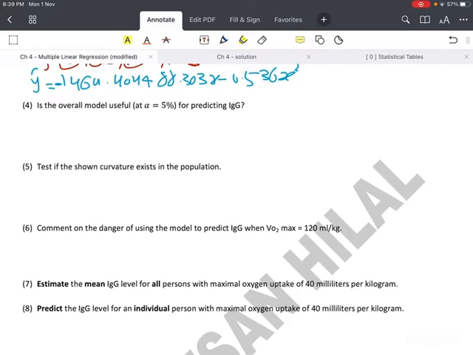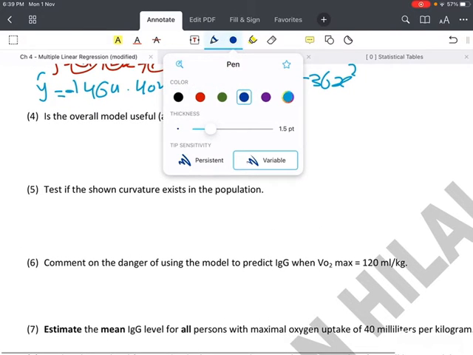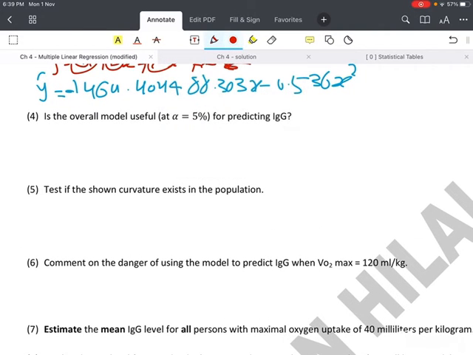Exercise 4: is the overall model useful? That means we use the F test for predicting Y. How will you test?